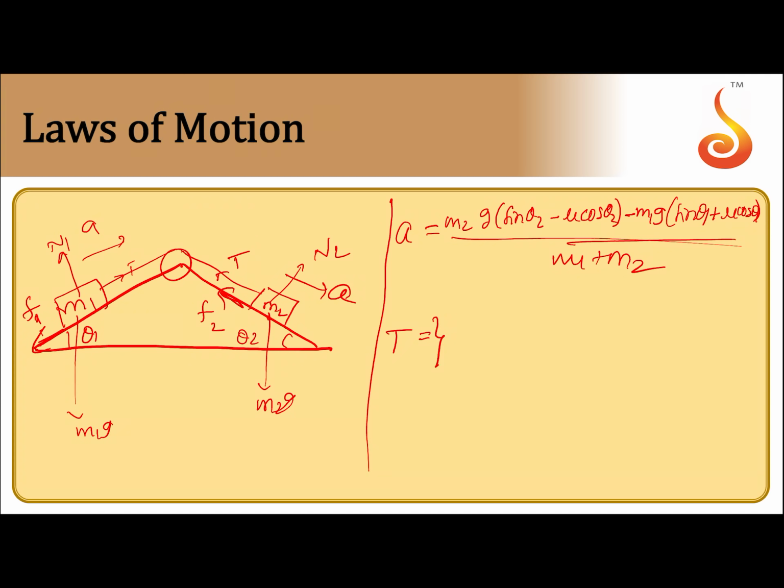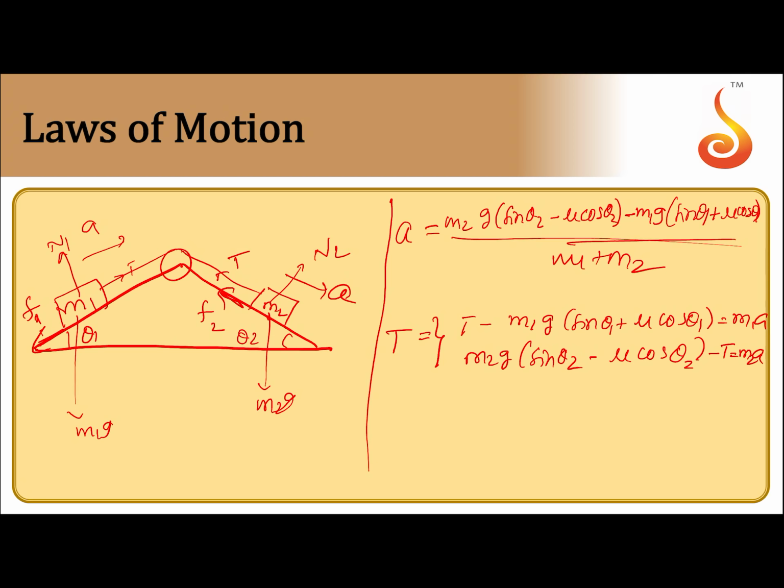What are the two equations? T minus M1g into sine theta 1 plus mu cos theta 1 is equal to M1a, and M2g into sine theta 2 minus mu cos theta 2 minus T is equal to M2a. So, the last part is kept as your exercise.